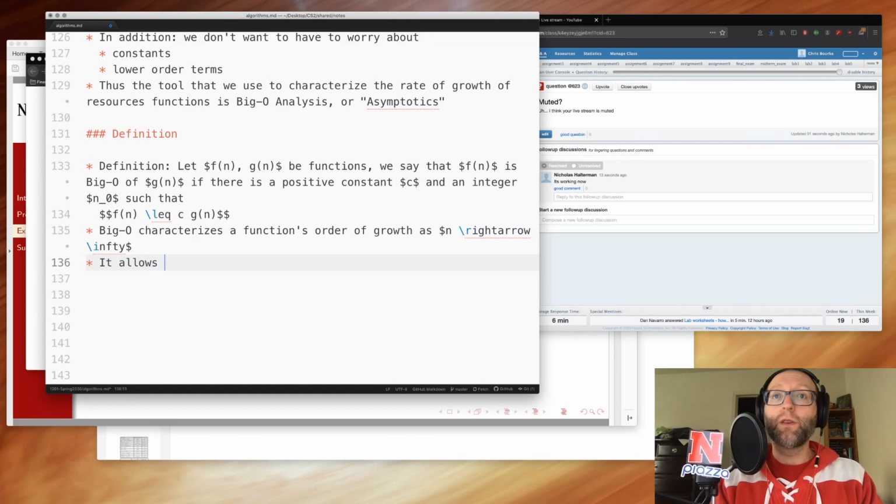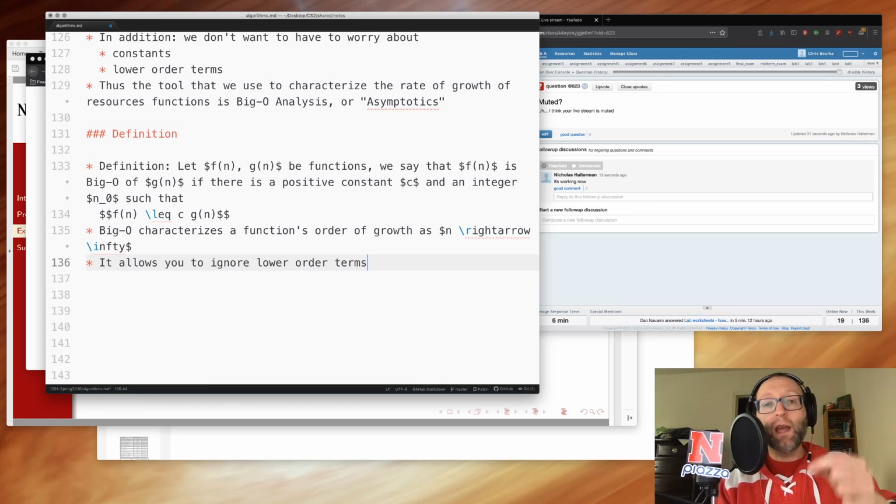It allows you to ignore lower order terms because you're looking at basically the limit. Now we don't require calculus in this course, so we're not going to talk explicitly about limits, but that's basically what it is. If you take the limit of a ratio of two functions as n tends towards infinity, then basically that's the real definition.